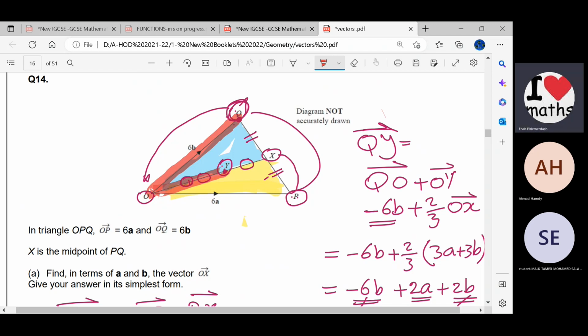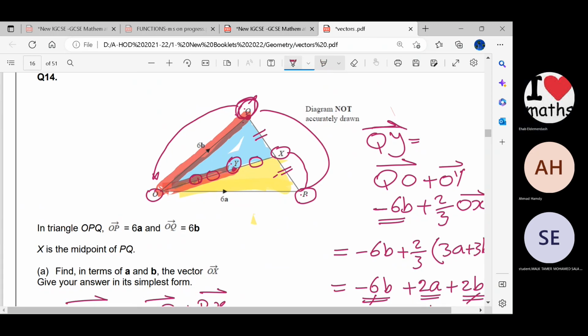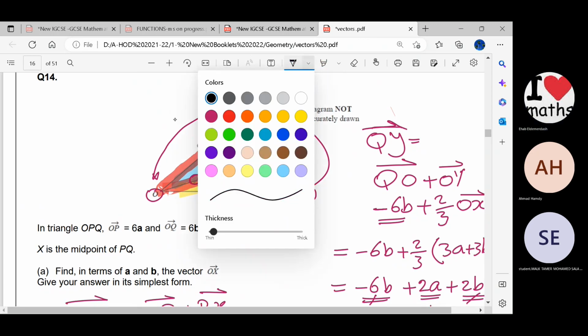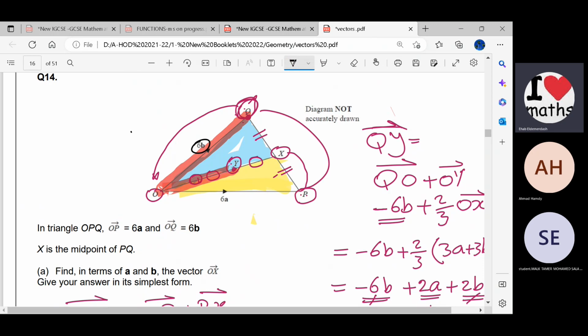The path I took, I went from Q to Y. So I moved as QO, which was opposite to 6B, because of that we wrote it as negative 6B. And then from O to Y, which is the most important part, from O to Y they are 2/3 out of 3/3 of the OX.